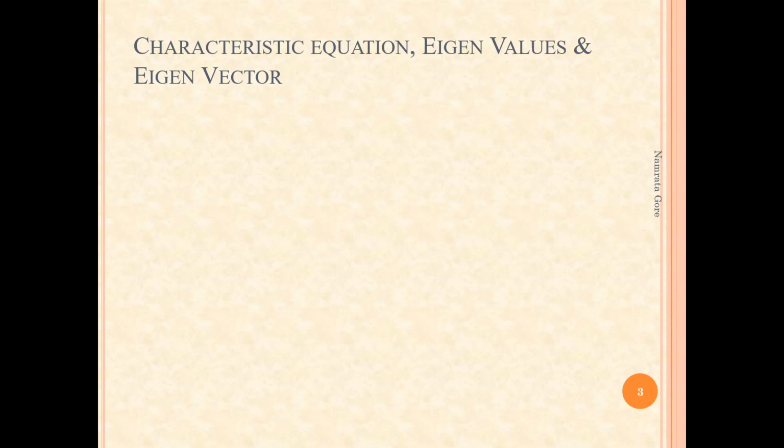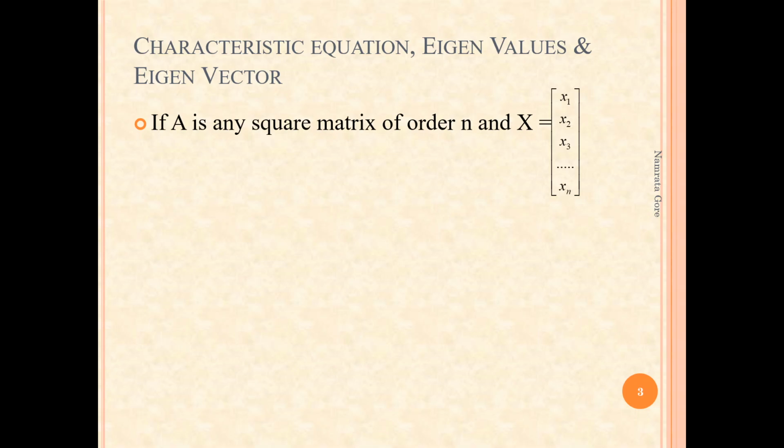So what is a characteristic equation? We consider a matrix A, which is a square matrix of order n, and capital X a column vector.